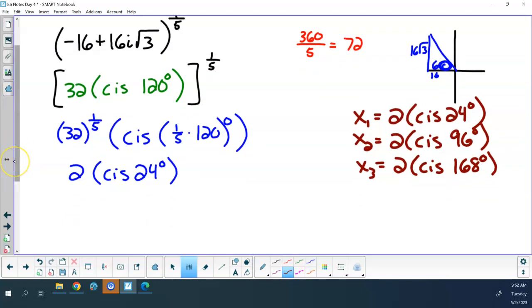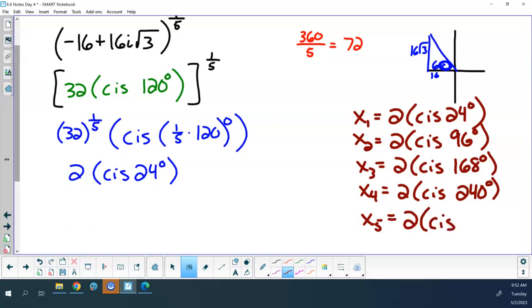X sub 4, my fourth root. 2 CIS of, add 72 to it, 240, right? Fifth one, 2 CIS. Add 72 to it, 312. Quick check. Add 72, 384.